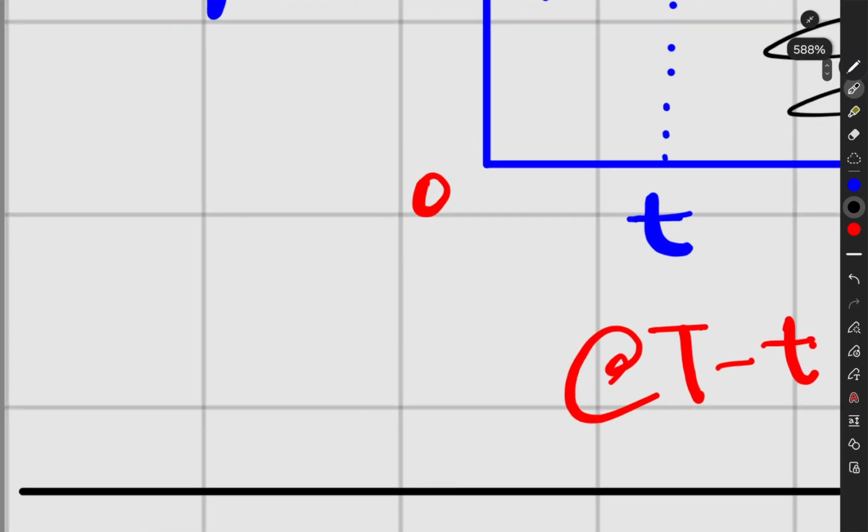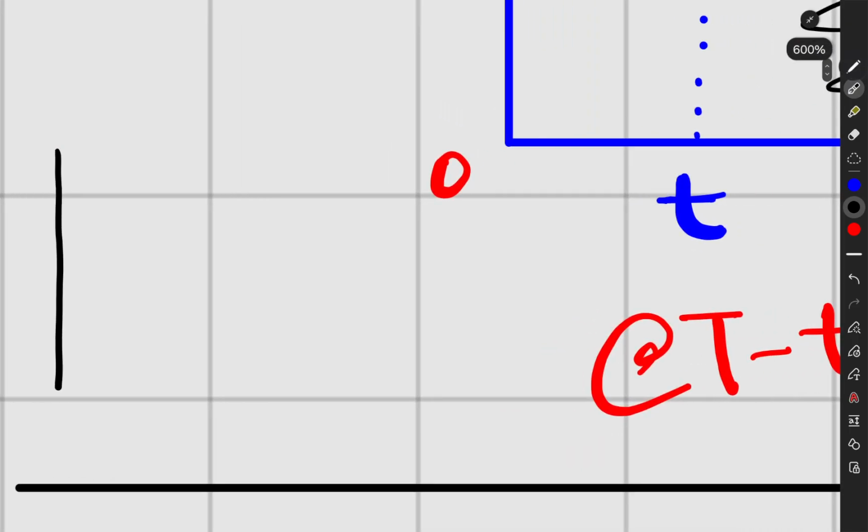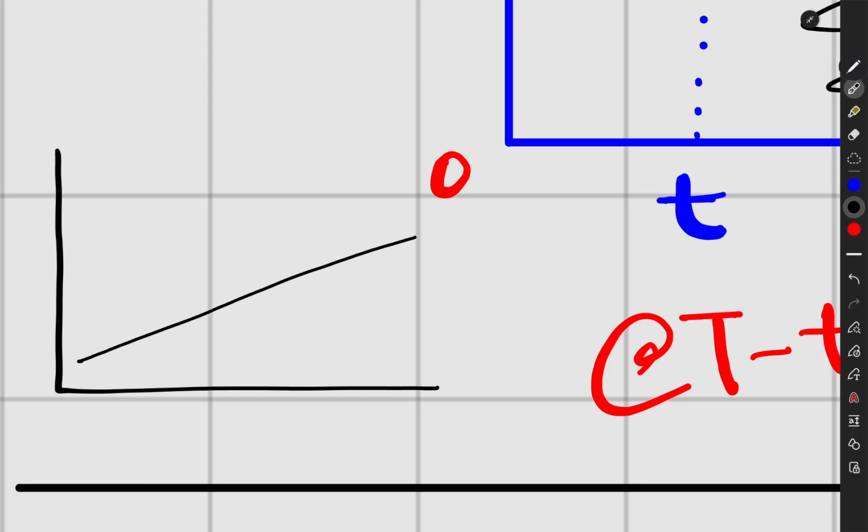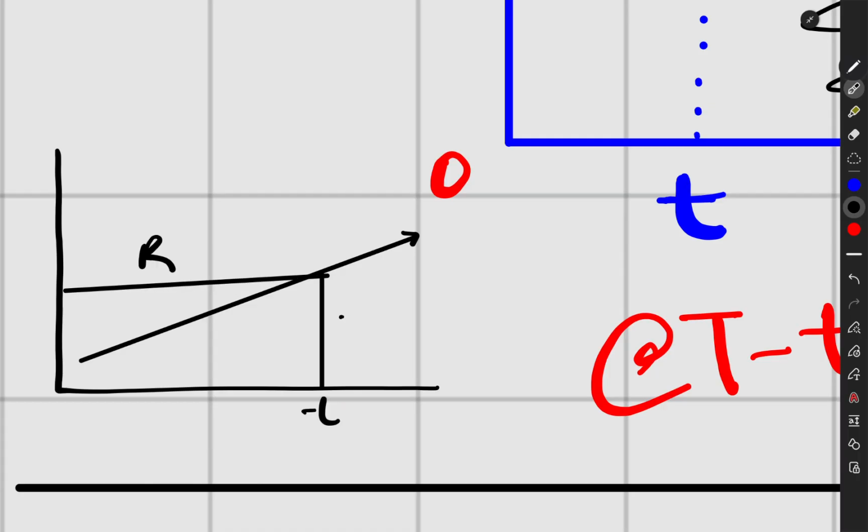Now let's get some more intuition out of this. This is the curve, let's just say a straight line curve. This is the longer maturity T with rate R. Then what is R times T?